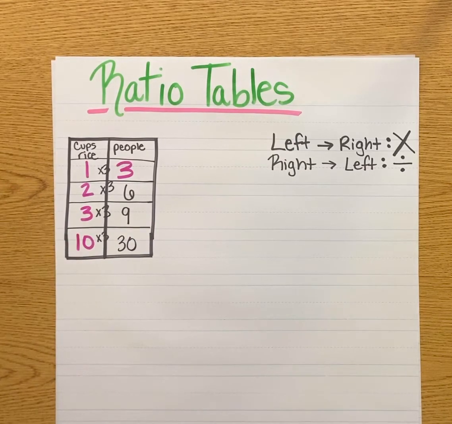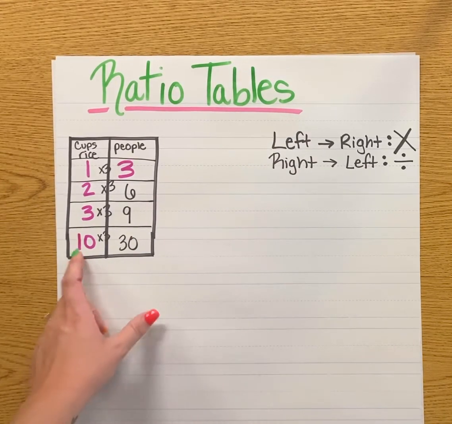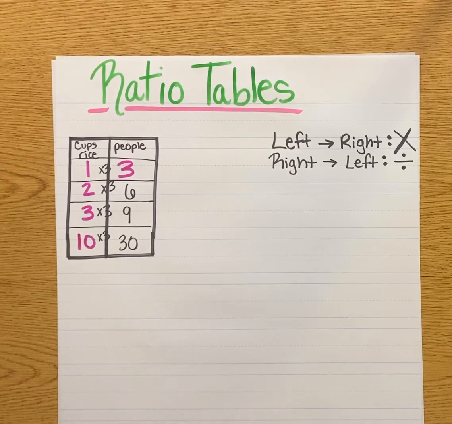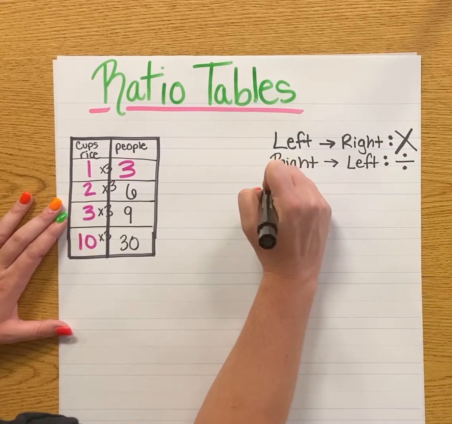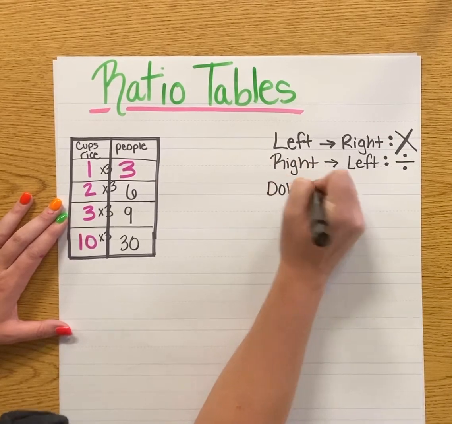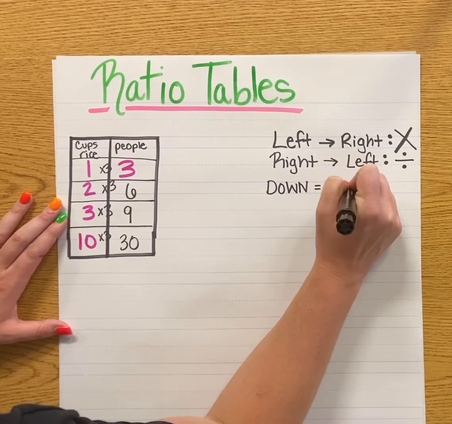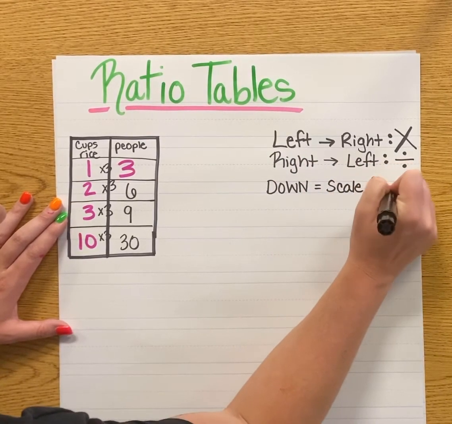Now, you can't just go from left to right. You could also multiply down using a scale factor. So, down equals a scale factor.